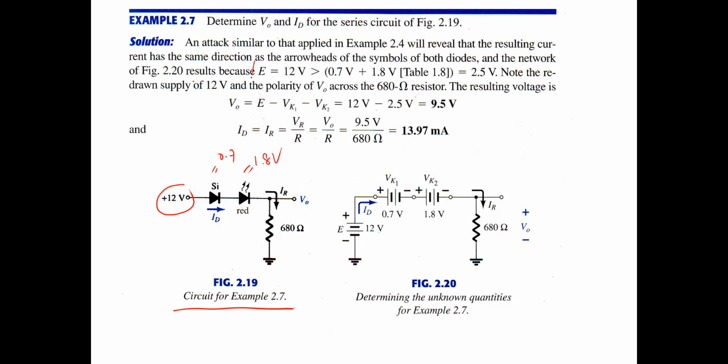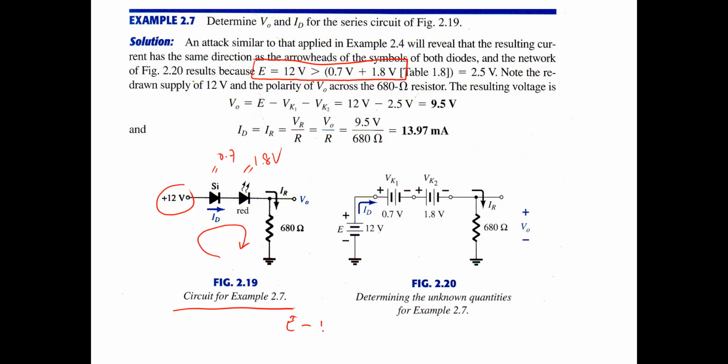So the first thing is to check that E is 12. So 12 is larger than 0.7 plus 1.8 for the red. So the diodes are on: the silicon and the LED are on because the input voltage is larger than the key voltage. Okay, after we determine that the diodes are on, we can use Kirchhoff's law.